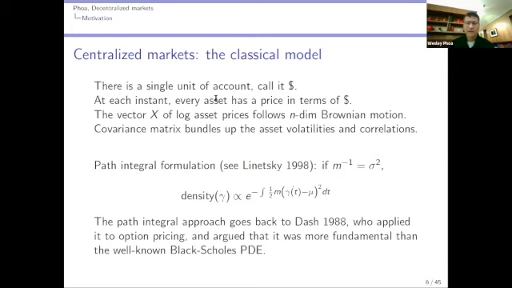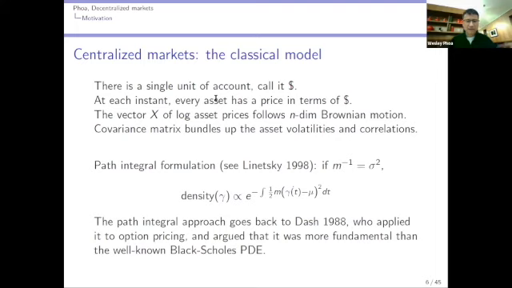There are different ways to formulate that, but for reasons I'll explain later, I think one nice way of thinking about it is in terms of path integrals. Given any particular path, some realization of the vector of asset prices over time, there's an action functional defined on that, which defines its probability density, and that gives you a measure on the space of paths, which turns out to be basically Wiener measure that describes Brownian motion.